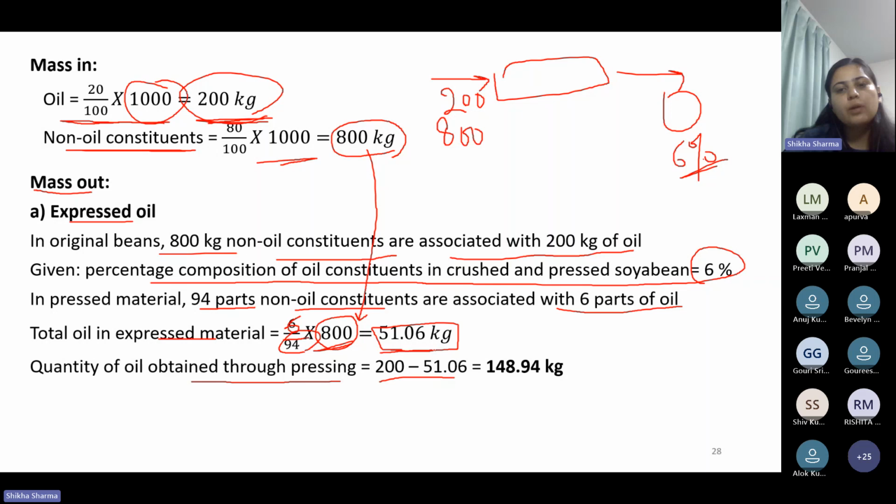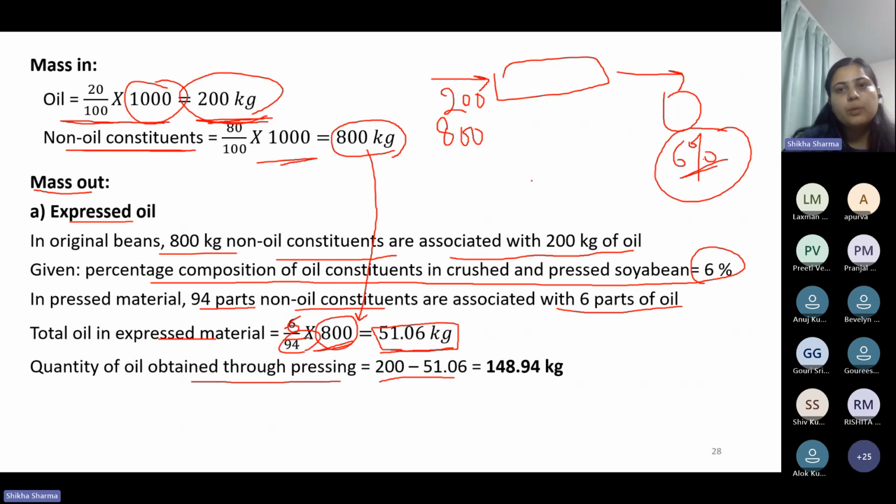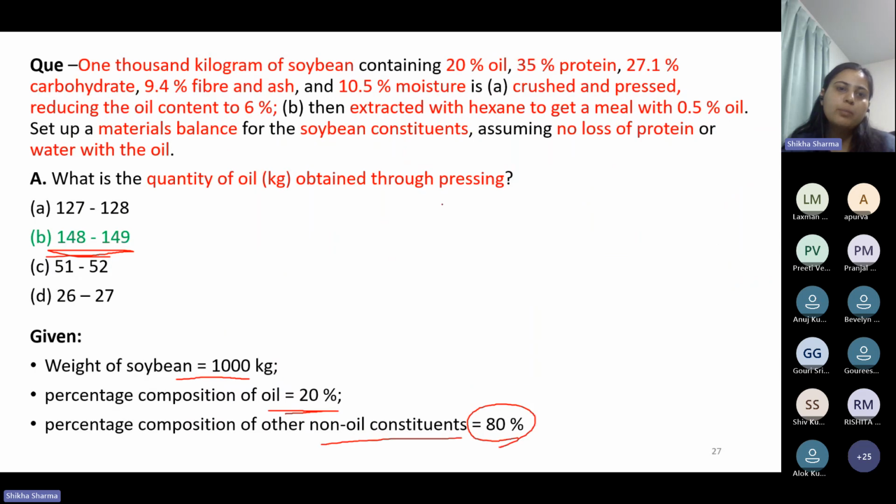That equals 51.06 kg. So in the mechanical pressing process, we get 200, the initial amount, minus 51.06 kg, which equals 148.94 kg of oil obtained from the pressing. So option B is correct.